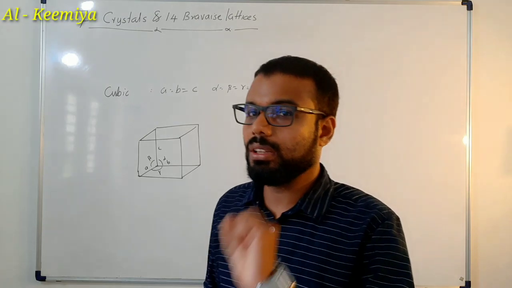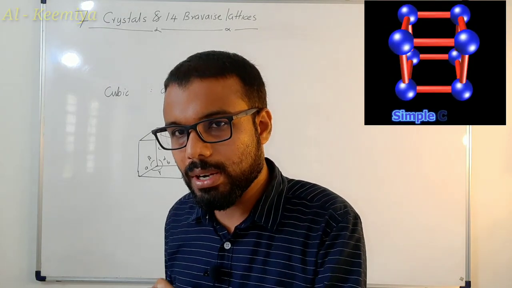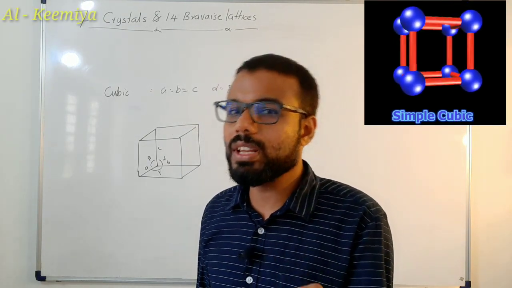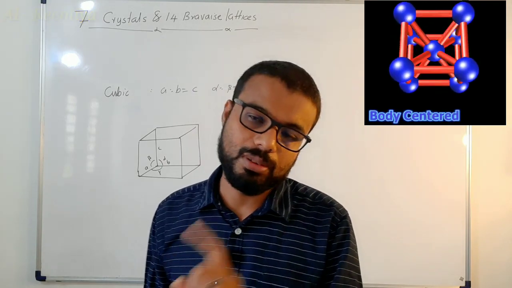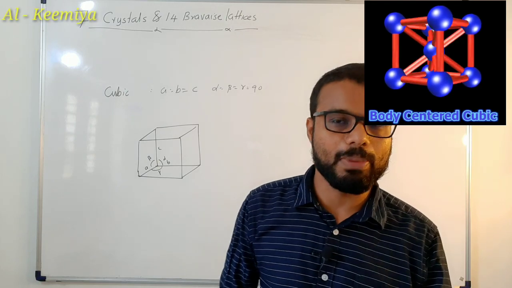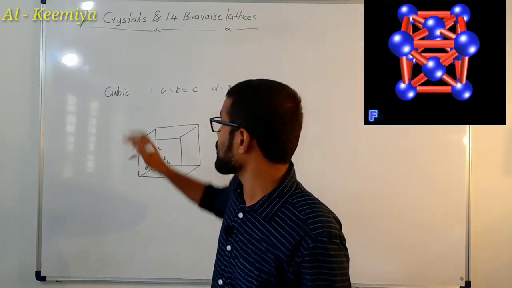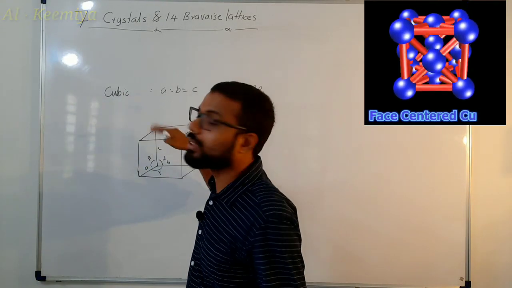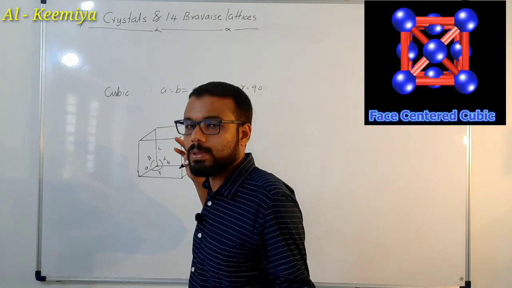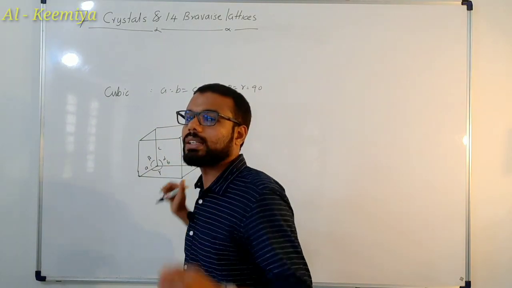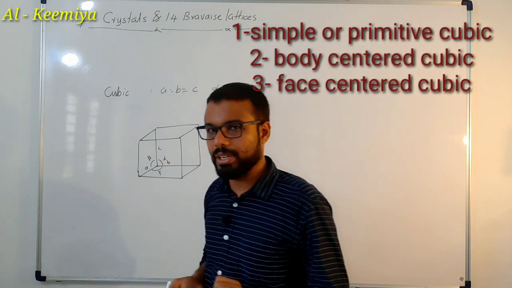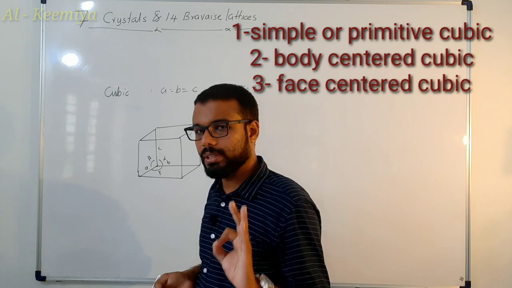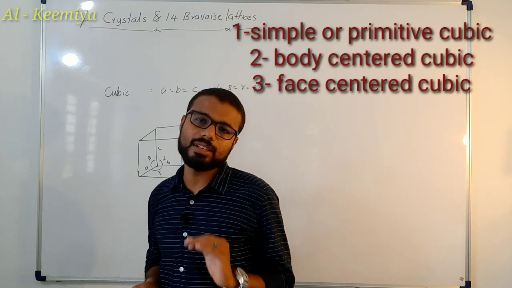So here it may be simple or primitive, body centered cubic, or face centered cubic, but not end centered or base centered. So the cubic crystal contains 3 types of space lattices: simple or primitive, body centered cubic and face centered cubic.